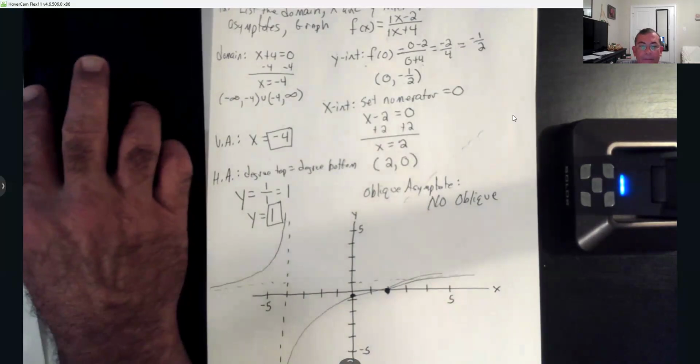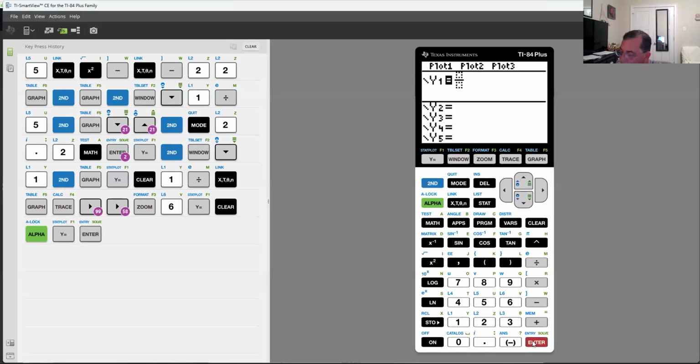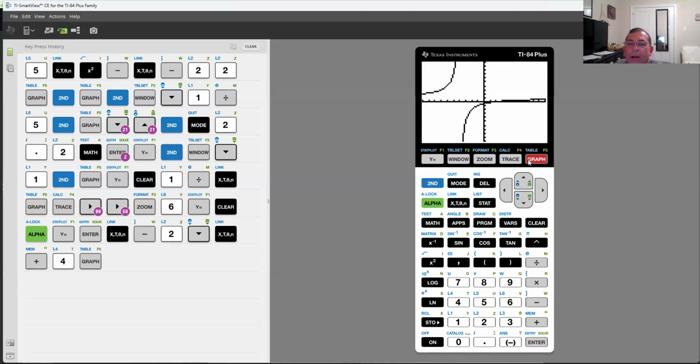So y'all, y equals, I always make these look like a fraction by hitting alpha y equals and enter. So I had what, x minus 2 over x plus 4. All right, y'all, so this graph should look really close to what we had, and there you go.